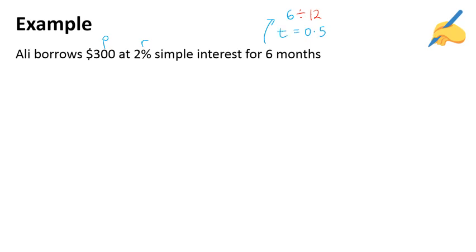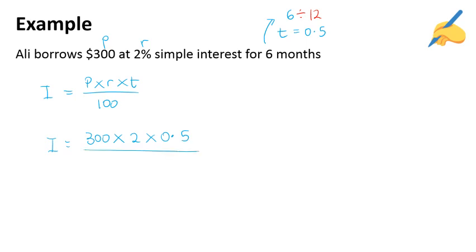So this is his time. Then we write out our formula, I equals P times R times T, divide by 100, and substitute in the value, so we've got 300 times 2 times 0.5, divide by 100, just pop that in the calculator, and it equals 3, so $3.